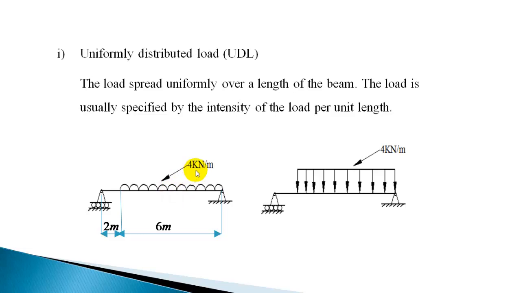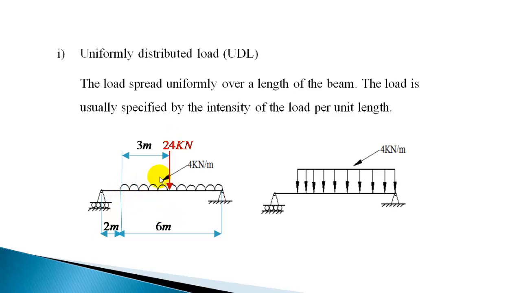So how to replace it? What will be the resultant load? Because 4 kilonewton is acting for every meter, for 6 meters it will be 4 into 6, or 24 kilonewton. So you can replace this by a point load of 24 kilonewton at the center of this 6 meter span. That is 3 meter from here or 3 meter from here, and from this support it will be 2 plus 3, 5 meter.